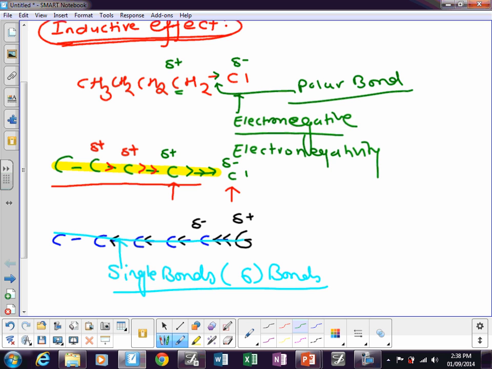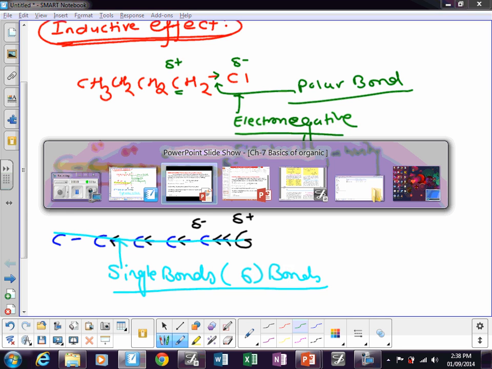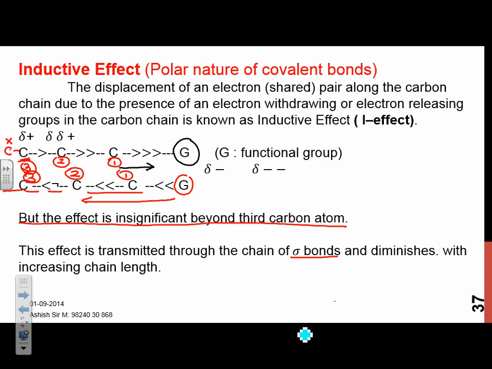If you have a double bond in a chain, it will not take place. This effect is transmitted only through single bonds, sigma bonds. Is it understood? This effect is transmitted through the chain of sigma bonds and then diminishes.